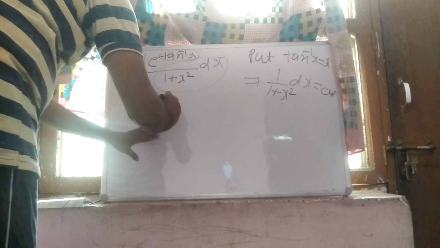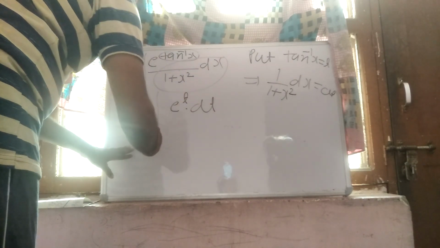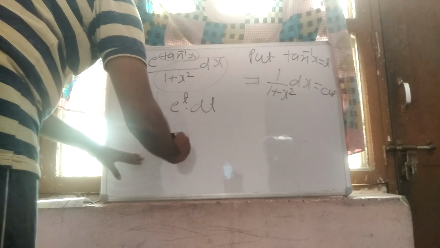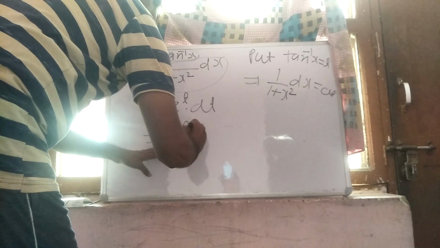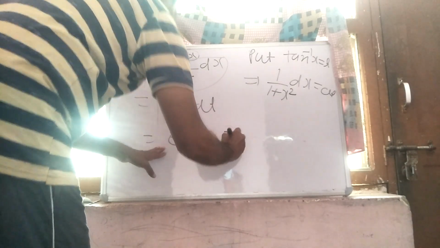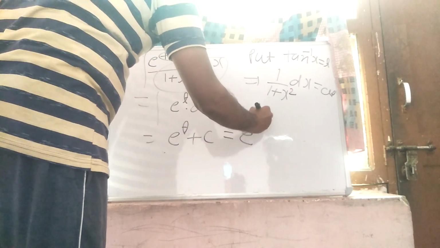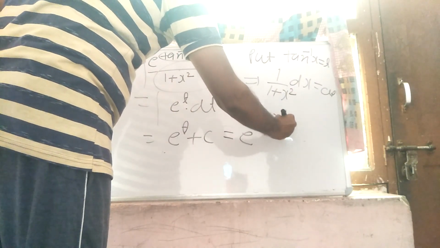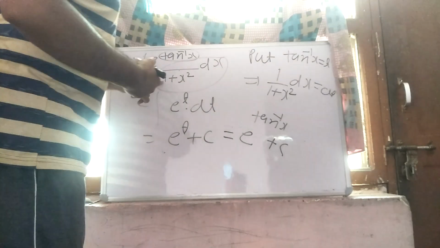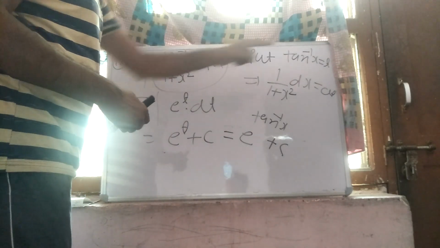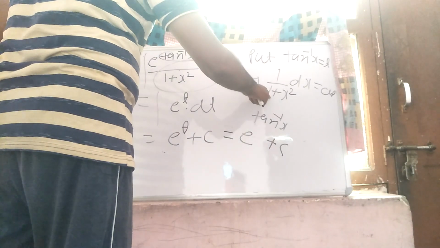We have e to the power t into dt, which is very easy. The integral of e to the power t is e to the power t plus c. Also put the value of t, so it is e to the power tan inverse x plus c. We put tan inverse x equal to t, so we have e to the power t, and 1 upon 1 plus x square dx is dt.